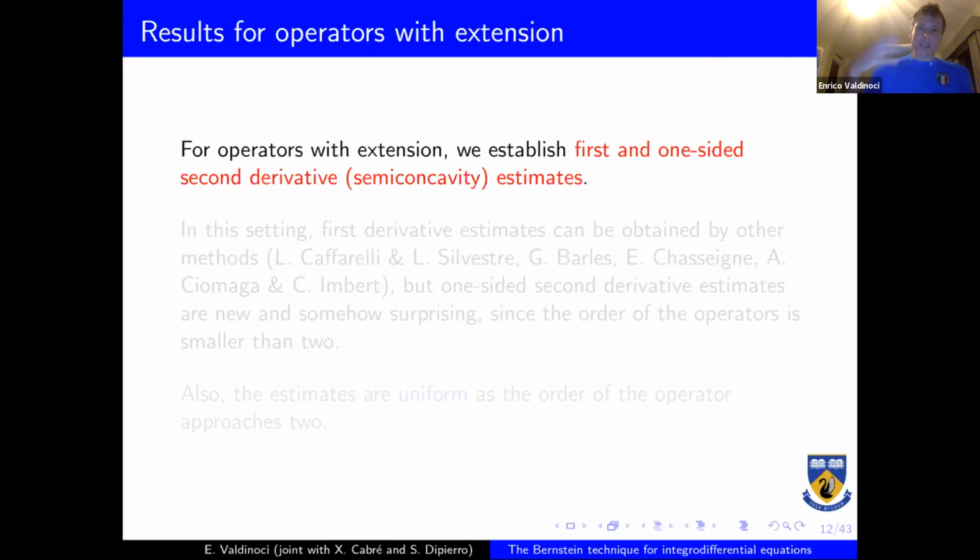So we can say that the second derivative is bounded from below by objects that depend on the structural constants of the equation and on the L infinity norm of the solution, basically.